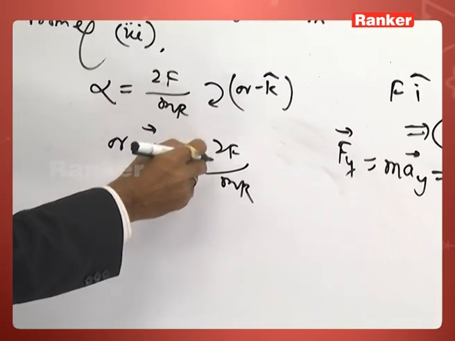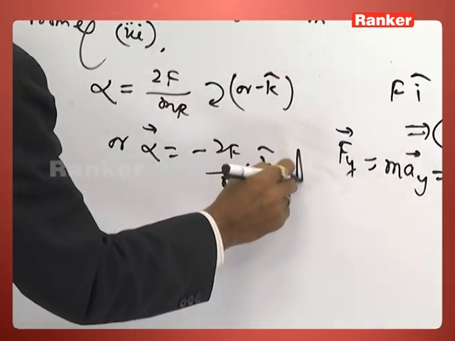Alpha is equal to minus 2F by mR k cap. Answer.